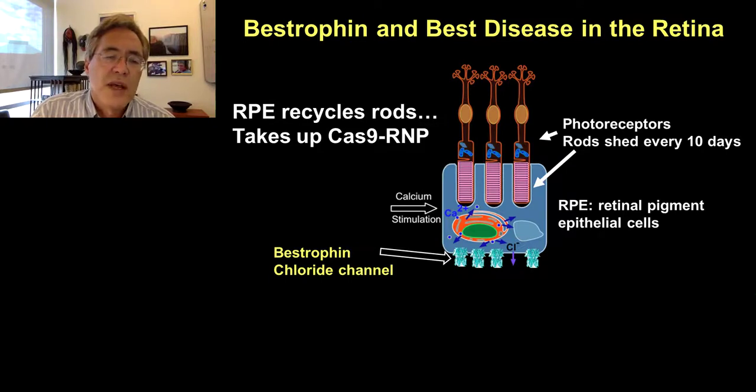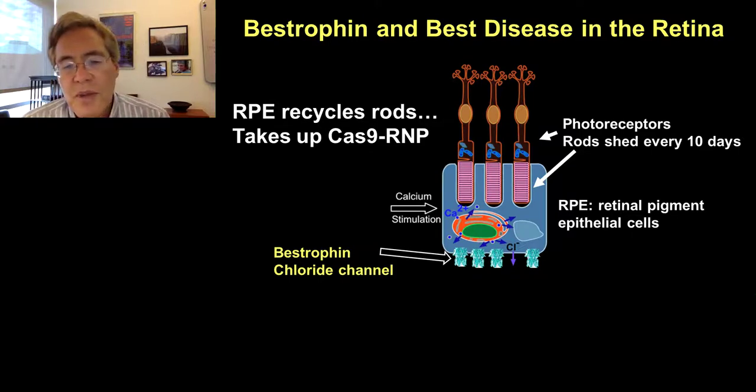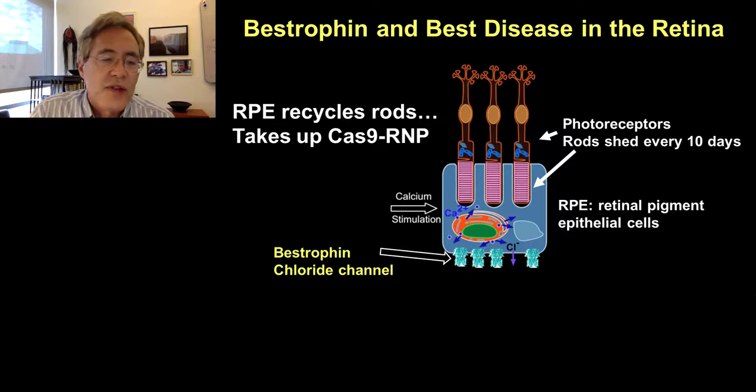And so targeting is really driven by the fact that the cells preferentially take up this complex. Now, bestrophin is a chloride channel which sits on the surface membrane of the cell, somehow contributing to the phagocytosing process. And when the bestrophin is diseased, then you get a lack of phagocytosis, and that seems to be correlated with the disease.